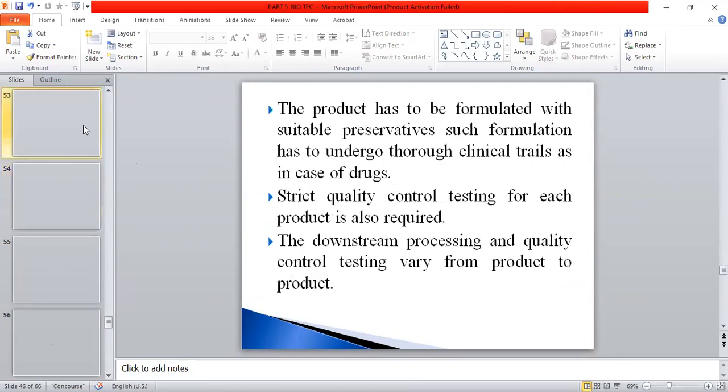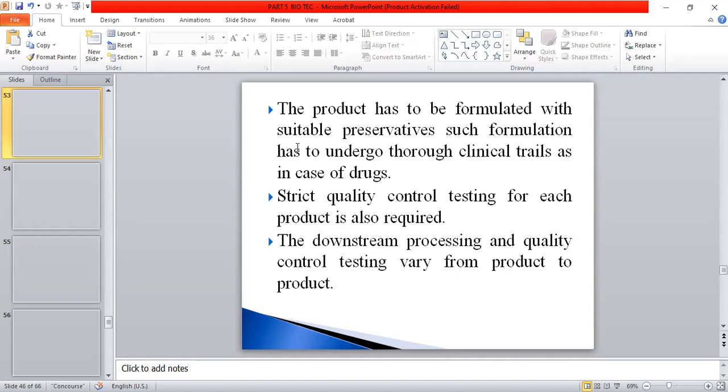And then, the product has to be formulated with a suitable preservative. After the preparation, after the purification and separation are done, you have to add some preservative. Take an example of jams, bottled prepared food products, whatever it may be, you have to add some preservative.